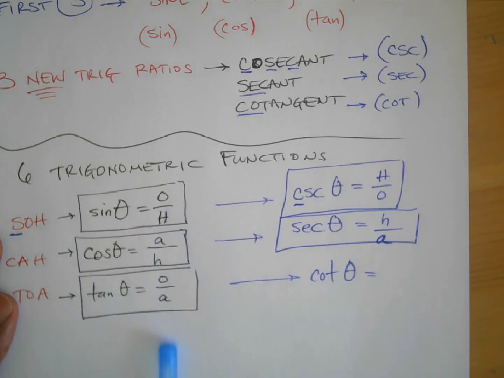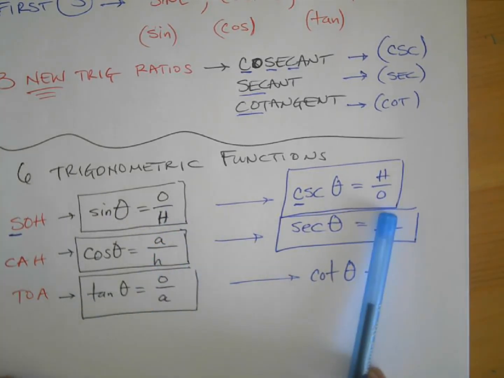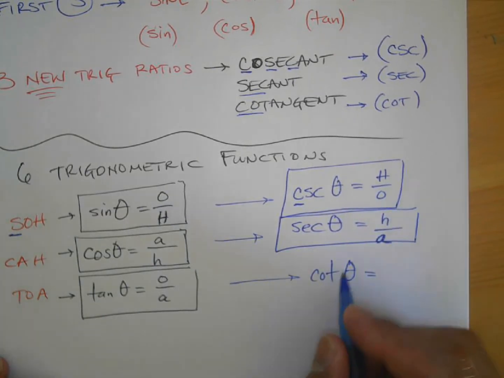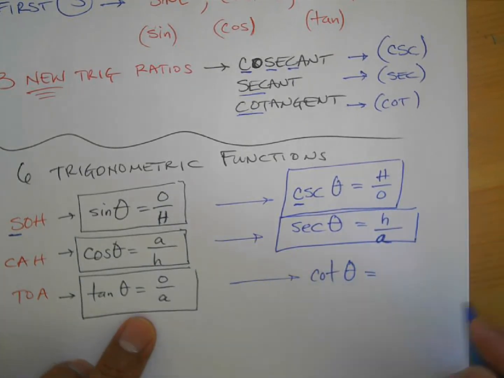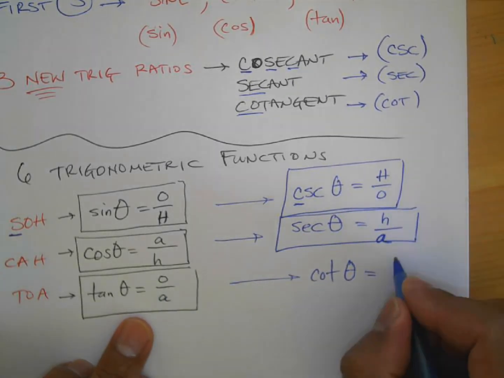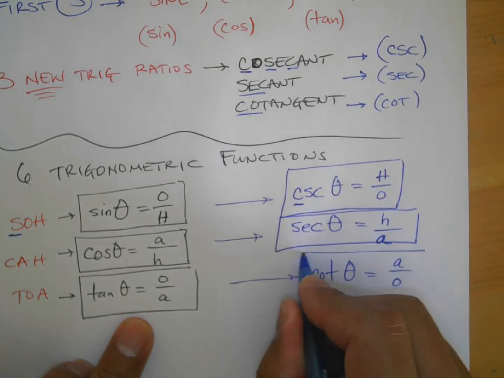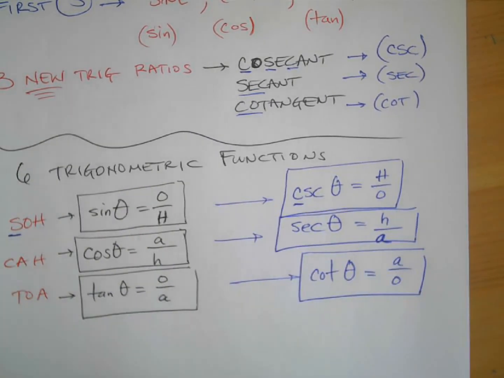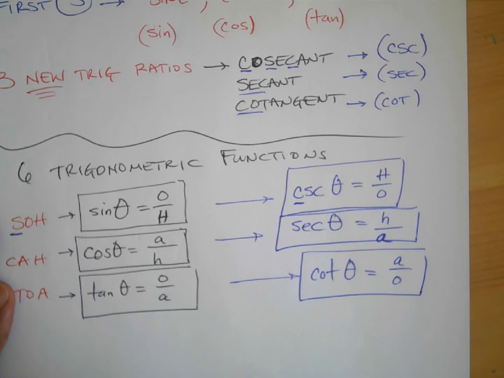And that is it. You have to know these first. And then you'll be able to easily get these other ones. Tangent is O over A. So then this would be what? A over O. So remember, these are called what? It works back and forth too.